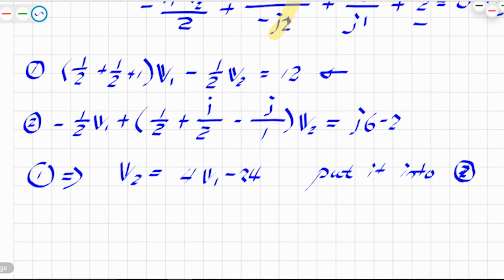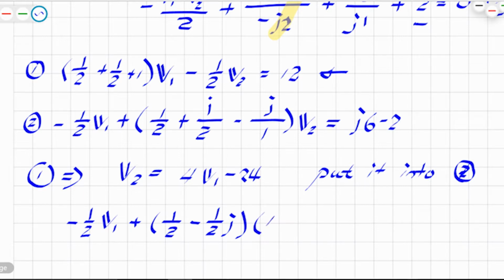So equation 2 becomes negative half times V1. We're going to carry that, but we're going to substitute every V2. Plus 1/2, minus half J. We're going to combine the positive 1/2 J and negative J, that becomes negative half J, times V2.